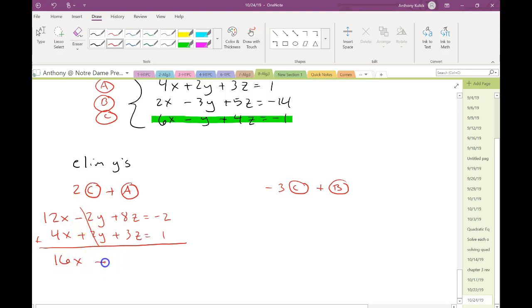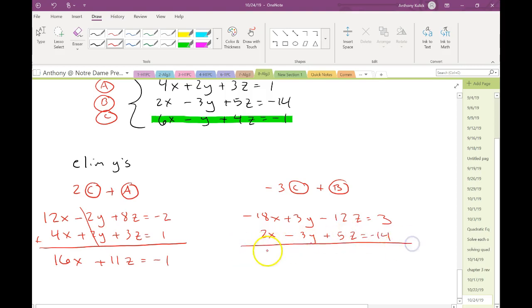The y's cancel out. Plus 11z equals -1. Then I'm going to do -3 times equation C. And then I'll just copy down equation B. Those cancel out.